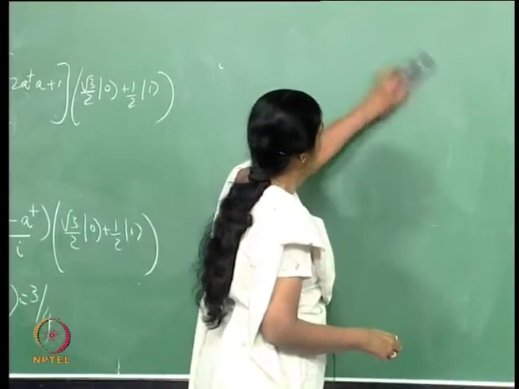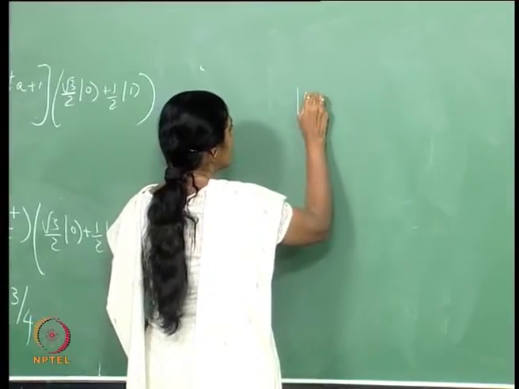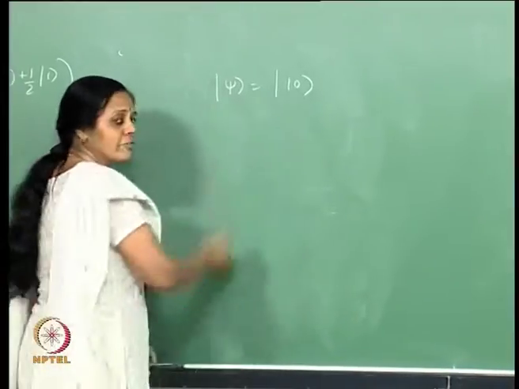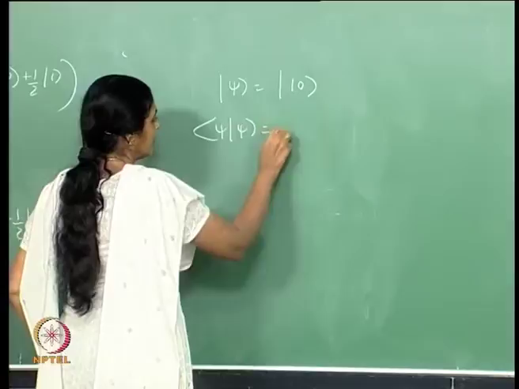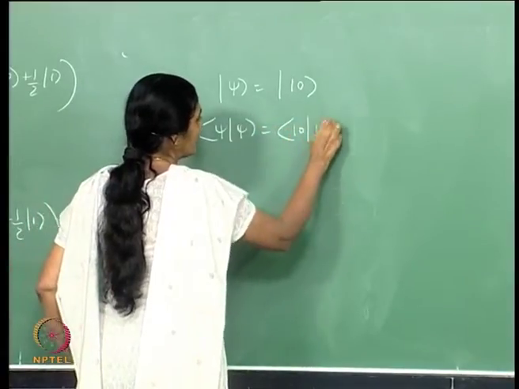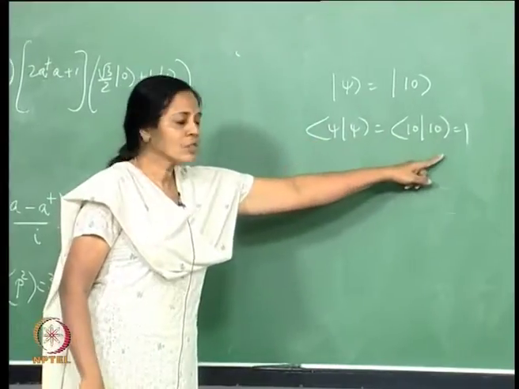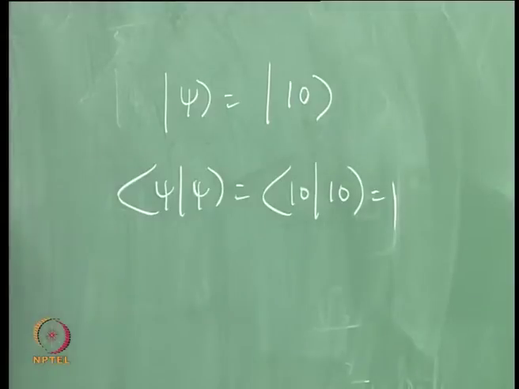Consider the state, the normalized 10 photon state. So, it is clear this is a 10 photon state. In my notation, it is represented in this manner: n is equal to 10, and the state is normalized.